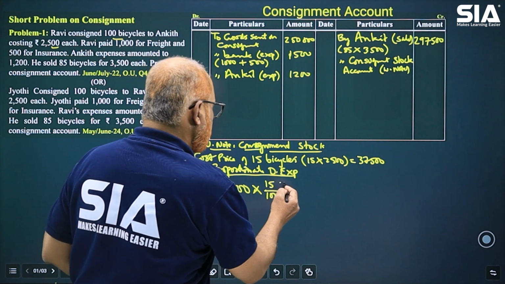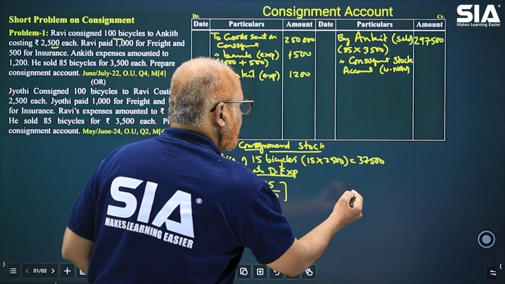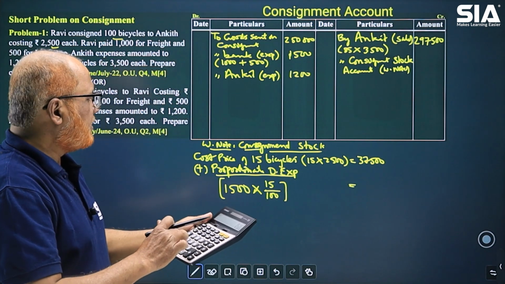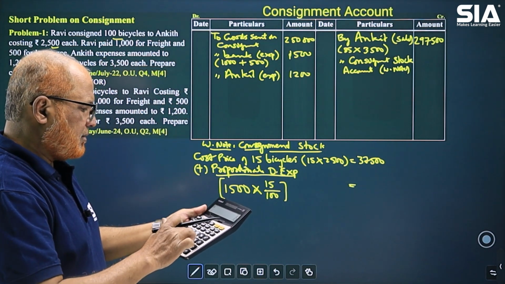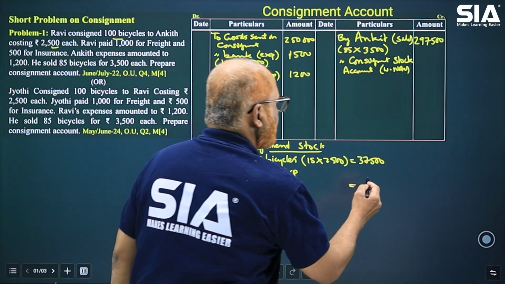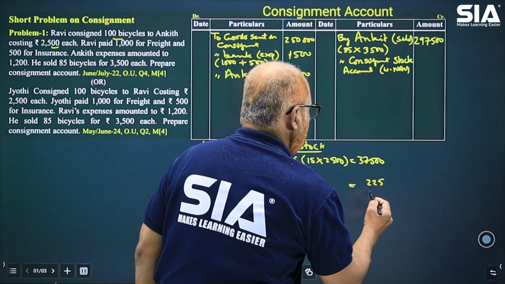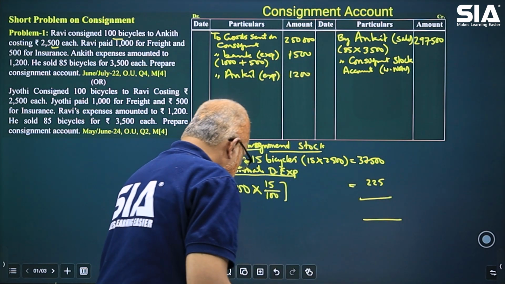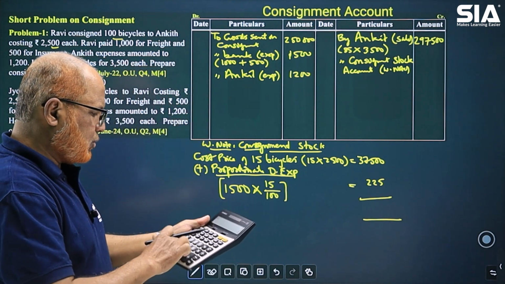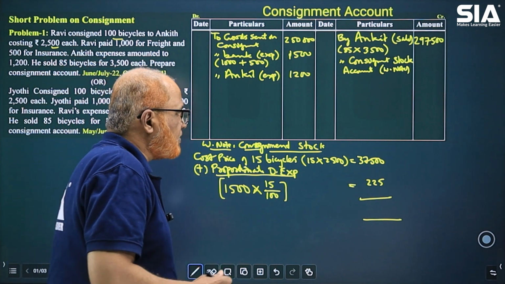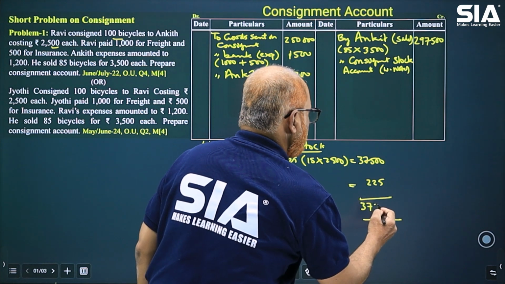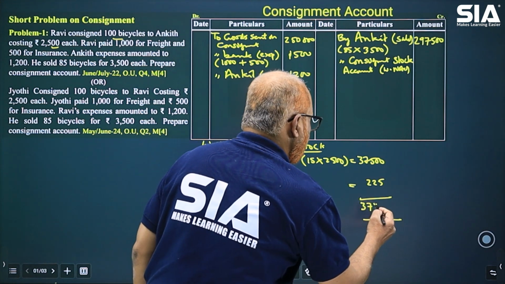So now you can calculate and see how much is the value. So 1,500 into 15 divided by 100, it comes to 225. Now 37,500 plus 225, it comes to 37,725.